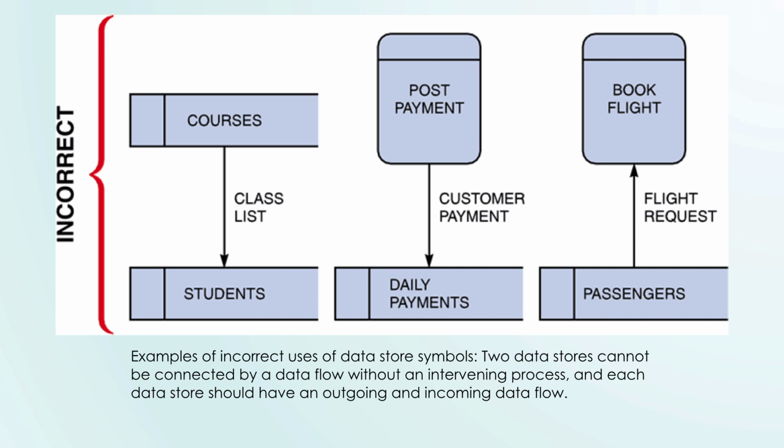Let's say customer payment is not sufficient to be stored in the daily payment data store. And also the passengers data is not sufficient to give data to the book flight process.